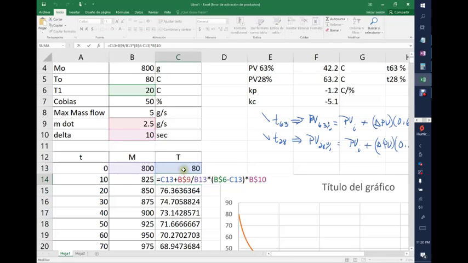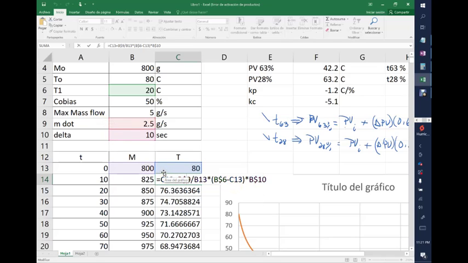It's the initial temperature plus $9, a fixed value of 2.5, divided by the mass, which is changing, multiplied by the difference in temperature, T1 ($6) minus C13, this temperature here, times delta T, $10.